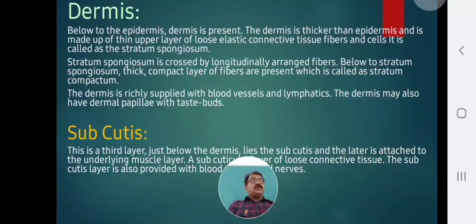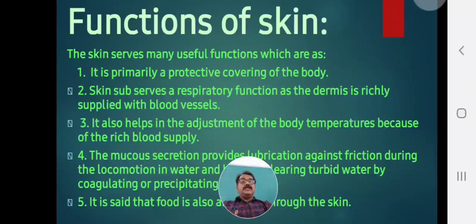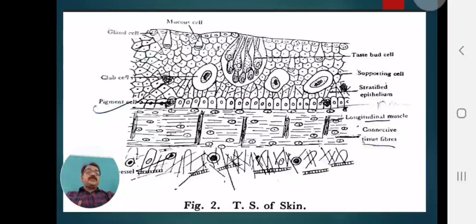Occasionally, not continuously, but rarely, this dermis may possess dermal papillae with taste bud cells. These dermal papillae with taste bud cells are found in this dermis cell layer.